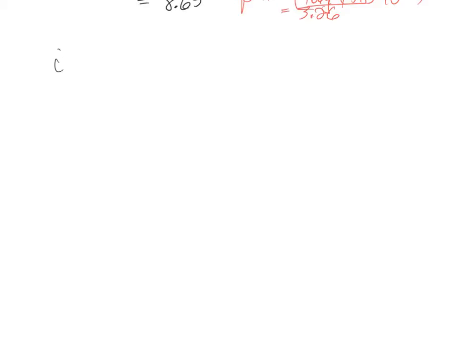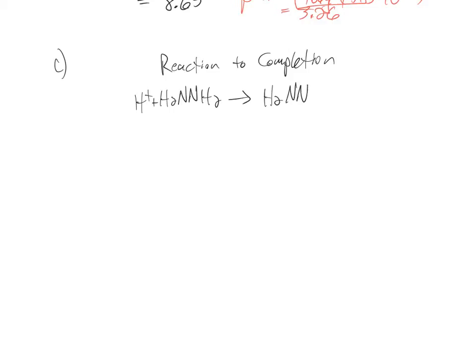Let's move on to part C. In part C, we've added 25 milliliters of the strong acid. We'll set up the reaction to completion just like we had in part B. And the initial number of moles of the weak base is the same as before, 0.01, and the conjugate acid of that base, 0.